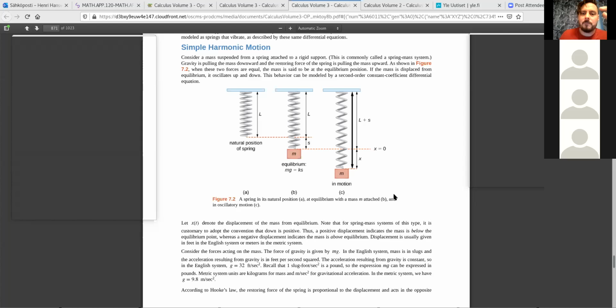And then there is another force, which is, let's say, the air friction or air resistance, and that's proportionate to the speed. So there is a force applied, but it's proportionate to the speed at which this is moving.